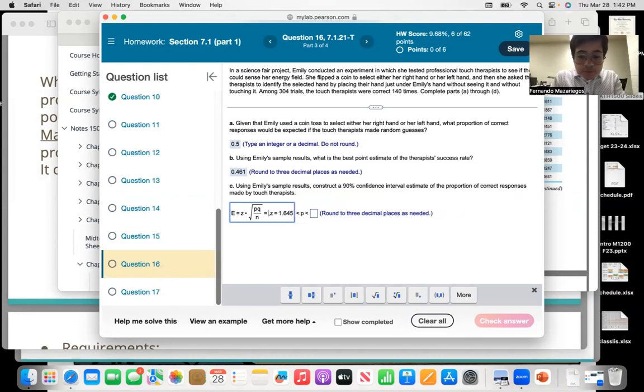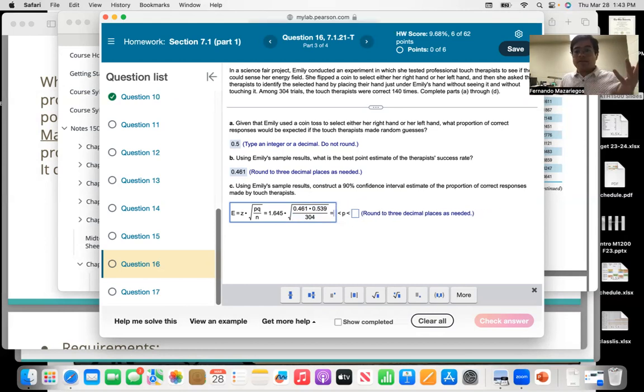Okay, so that is the first number we write here, 1.645 times the square root of p hat. p hat is the value we found, the sample proportion, 0.461. We multiply that by q hat, which we know from chapter 5. q is simply 1 minus p hat. So that is 0.539. And we divide by the sample size, which in this case is 304.